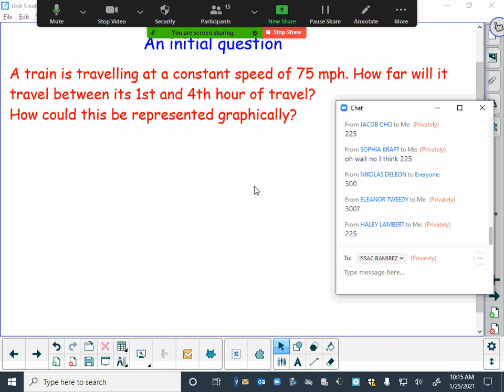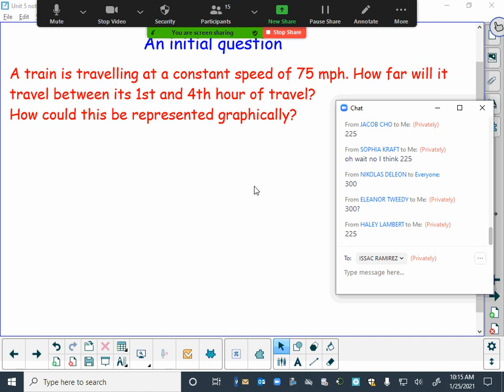So the 300 I agree with in terms of the first 4 hours. If it traveled 75 miles an hour for 4 hours, it definitely would travel 300 miles. But if I'm asking for just how far it traveled between the first and the fourth, then I think I have to leave that first hour out, and I agree with the 225 on that.